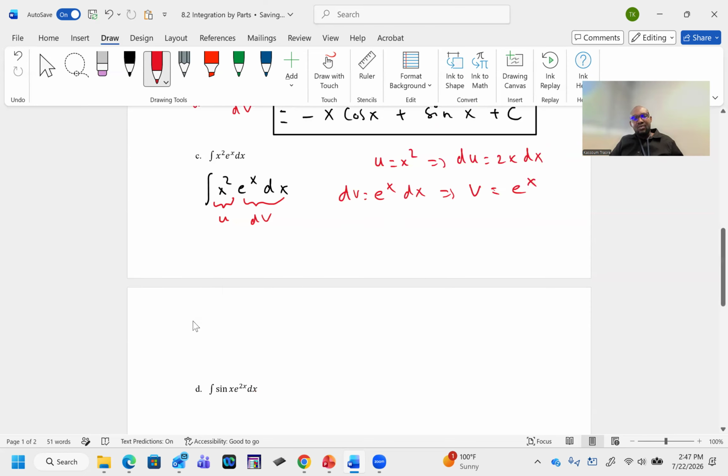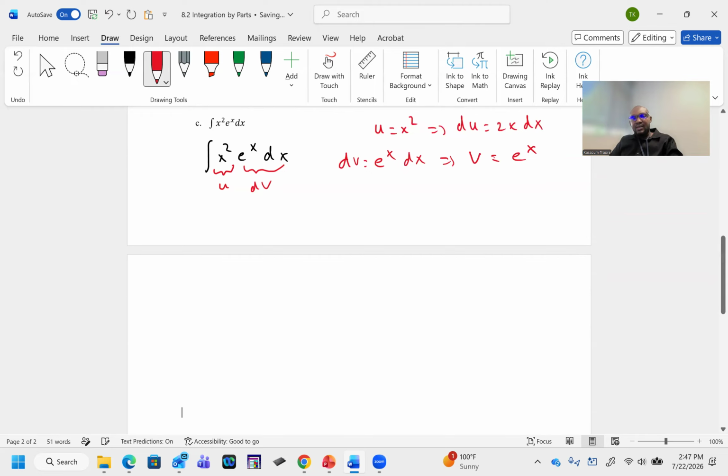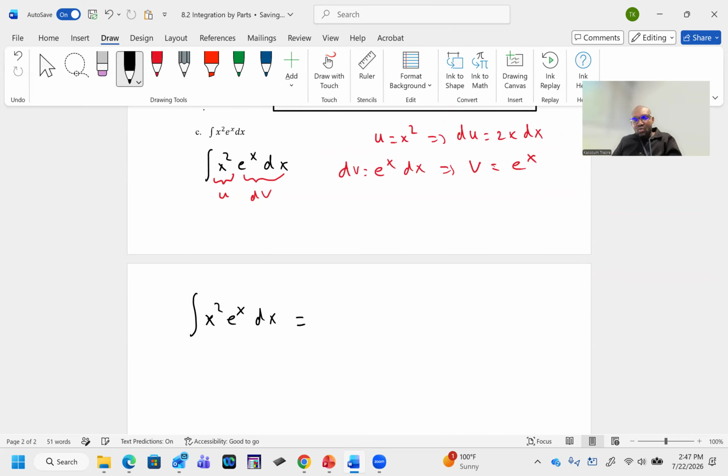So that is why, again, if I'm asked to integrate x squared times e to the power of x dx, I will have u times v.